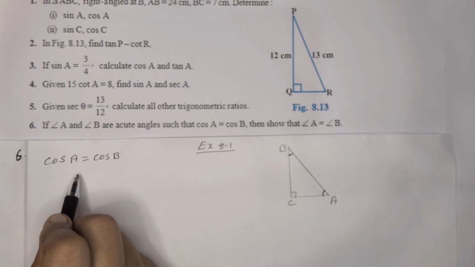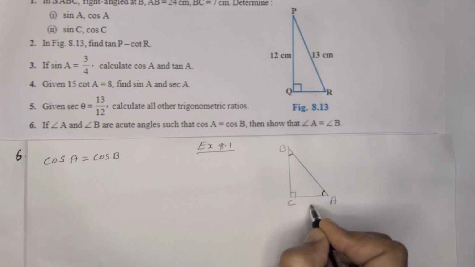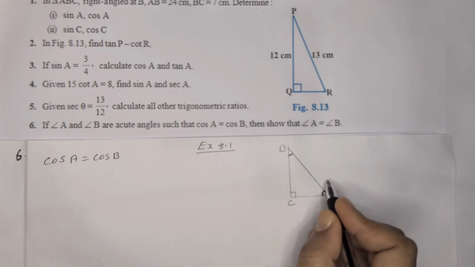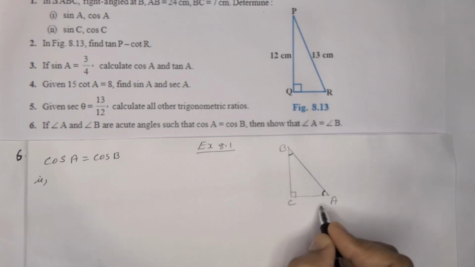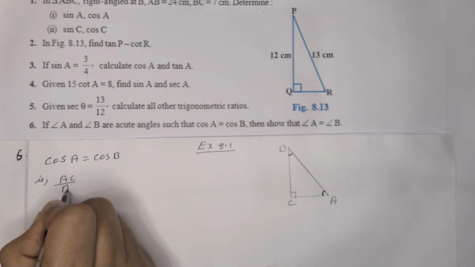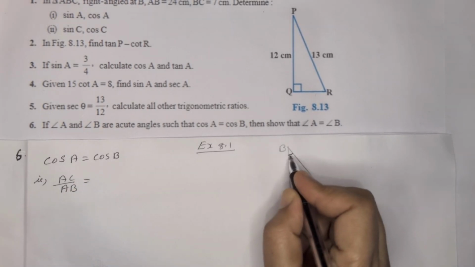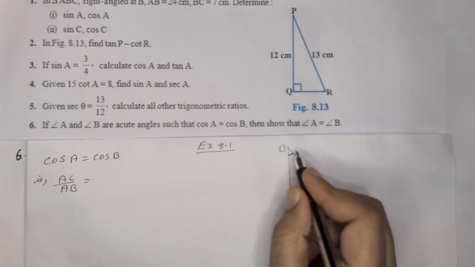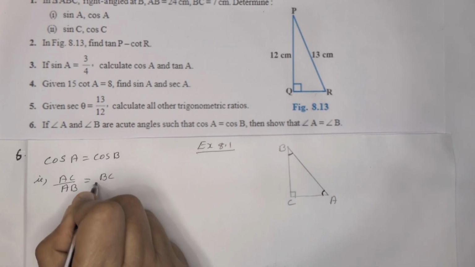Now here it's given cos A. Based on angle A, cos A means adjacent by hypotenuse. So in place of cos A, we can write adjacent, AC by AB, which is equal to cos B. According to angle B, adjacent side is BC, hypotenuse is AB. So BC by AB.